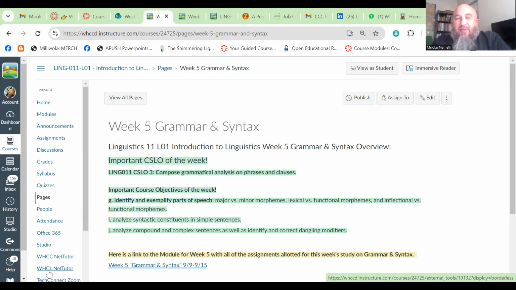analyze what they call syntactic constituents in simple sentences and some of this other stuff. In general we get some kind of overview and that's it in an introduction to linguistics course. You don't go deep into it.